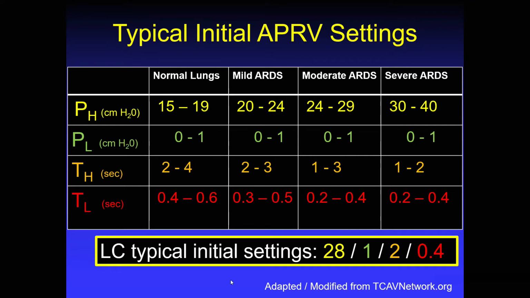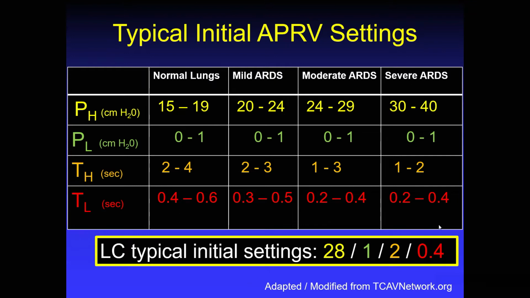But all other things being equal, if a patient's not particularly unstable, I typically tend to be a little bit on the conservative side, starting with relatively high P highs, usually around the 28 range. Again, at least on the GE vents that we're currently using, I just set the P low to 1. Baltimore shock trauma, they set it to 0 specifically. We'll talk more about that. T high, I go pretty low at first, at 2 seconds, to make sure there's enough bulk ventilation as the patient transitions over or as the patient's newly intubated.